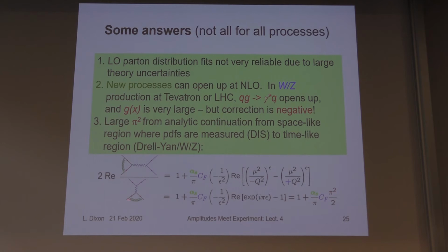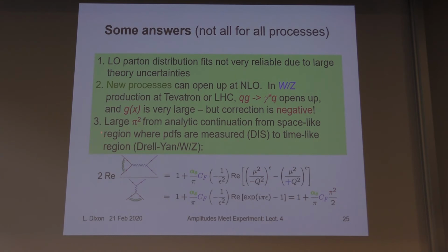If you're reading this way, this momentum transfer would be space-like, whereas for Drell-Yan, this momentum transfer is time-like. And when you go from space-like to time-like, from where you measure the parton distributions to where you use them in a process, there's an analytic continuation. So the momentum invariant goes from being negative, where the amplitude is real, to this channel where now it has a cut, which has an i pi in it.